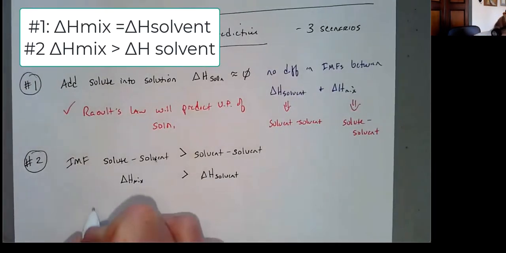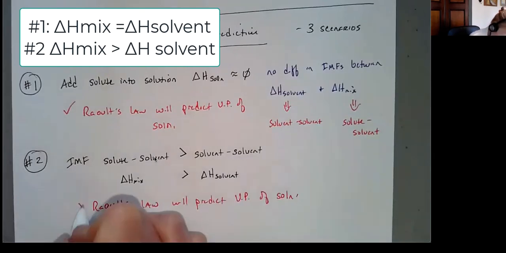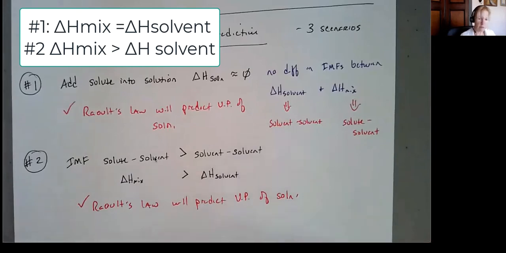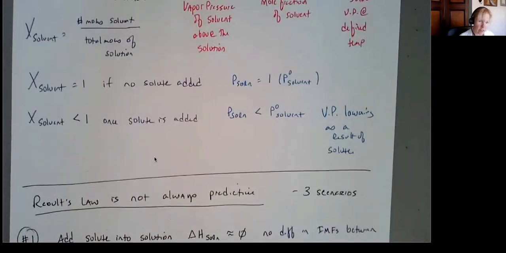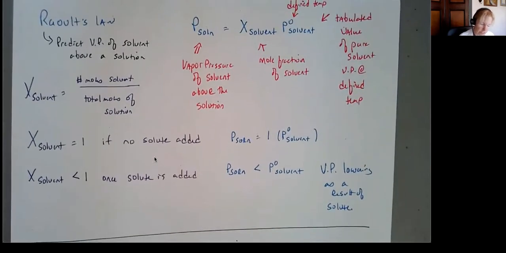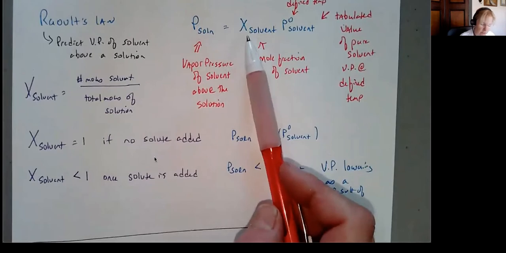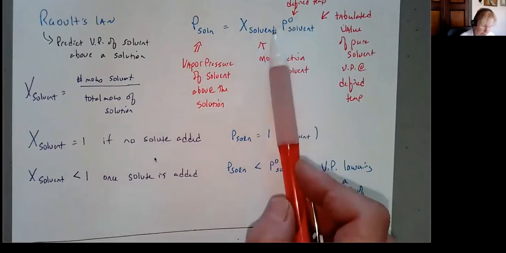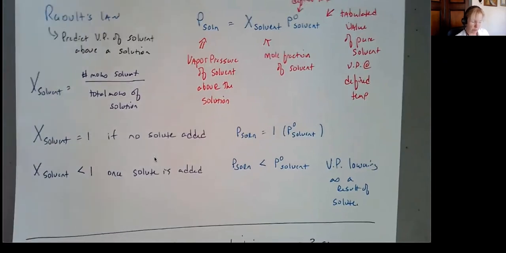So this is also a case where Raoult's law will predict the VP of the solution. In both of these cases, my vapor pressure is going to go down, and it's going to go down predictively, and I can use this equation here to figure it out. All I need to know is my mole fraction of solvent, the temperature, and I can look up what the tabulated value of the vapor pressure of the pure solvent would be.